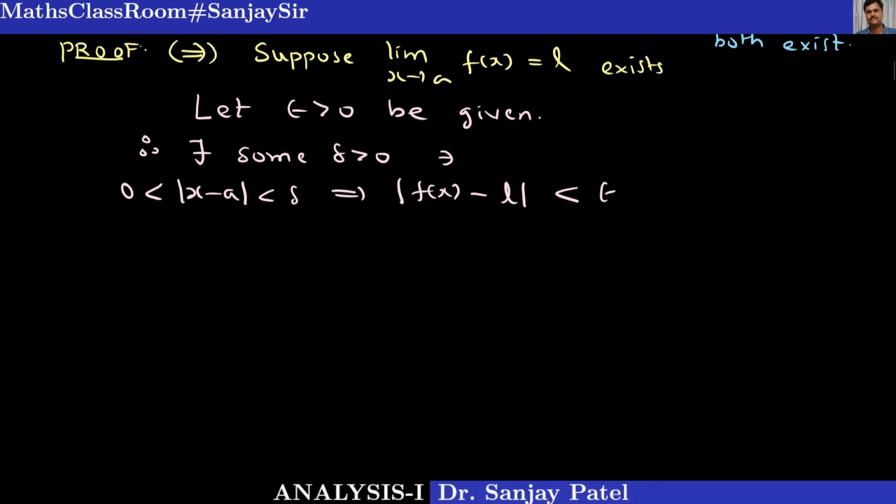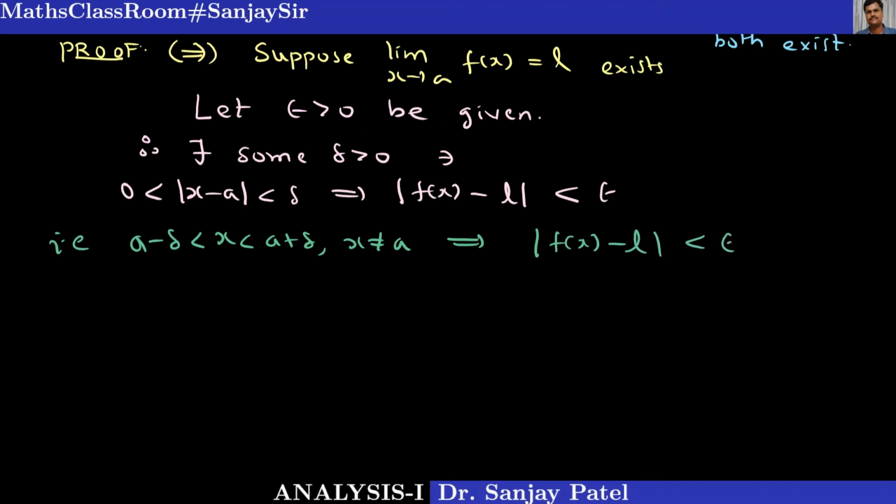So I will be writing it this way: a minus delta less than x less than a plus delta and x not equal to a implies mod of f(x) minus L is less than epsilon. Still we can write this as: x belongs to a minus delta less than x less than a, or a less than x less than a plus delta, since x is not equal to a.